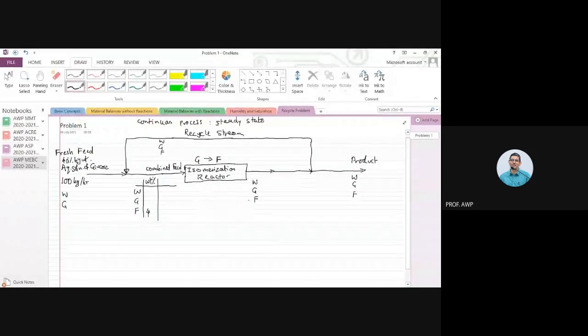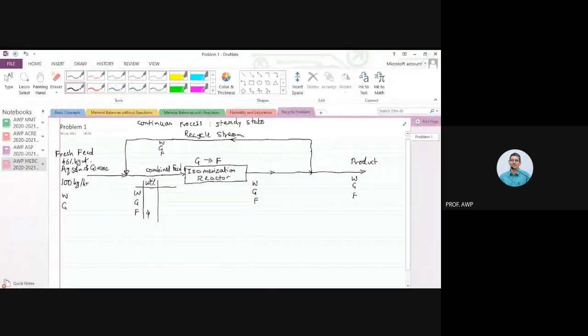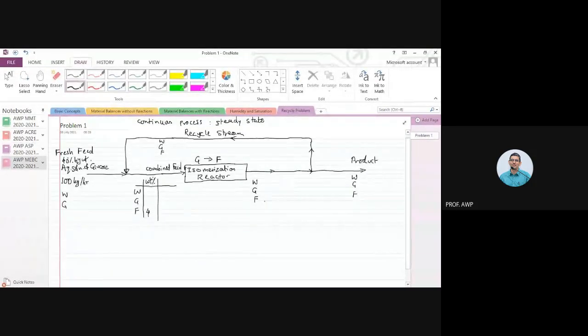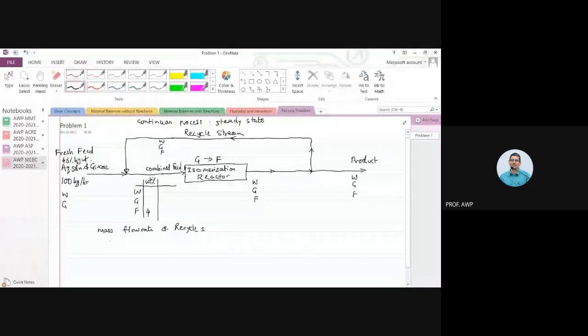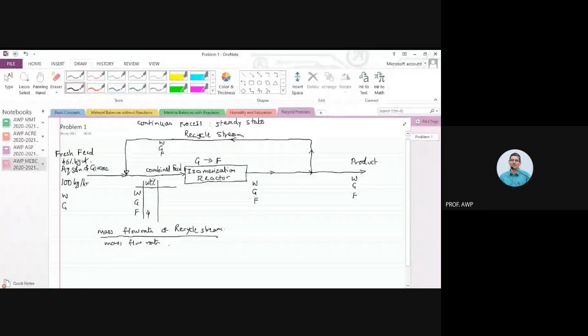Okay. I know something about this recycle stream as well. So I will tell you something about the recycle stream. The ratio of the mass flow rate of the recycle stream to the mass flow rate of the product stream.